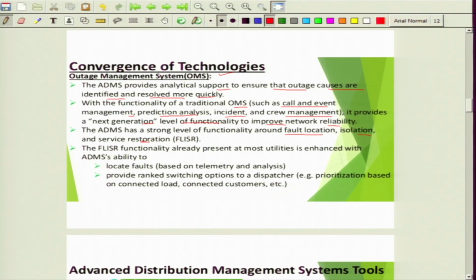So, the FLISR functionality already present at most utilities is enhanced with the ADMS ability to locate faults based on telemetry and analysis, and provide ranked switching options to a dispatcher, for example prioritization based on connected load and connected customers. Basically, locate the fault, isolate the healthy part and ensure that the infected part of the system, which is the fault segment, would be resolved as quickly as possible.